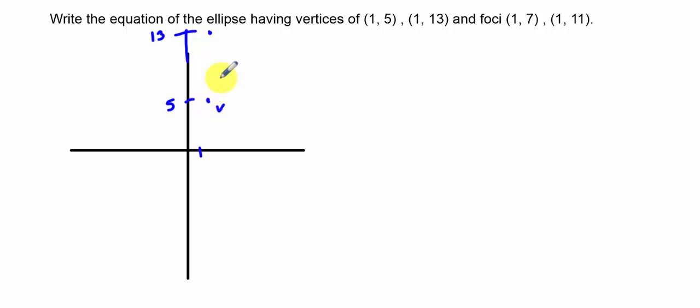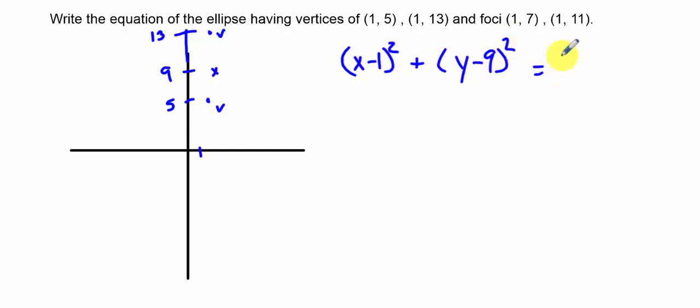These are both vertices. There's 8 between them, therefore dead center between that is 4 more from 5, which puts me at 9, and that's my center. So right now I can go ahead and write x minus 1 quantity squared plus y minus 9 quantity squared equals 1.